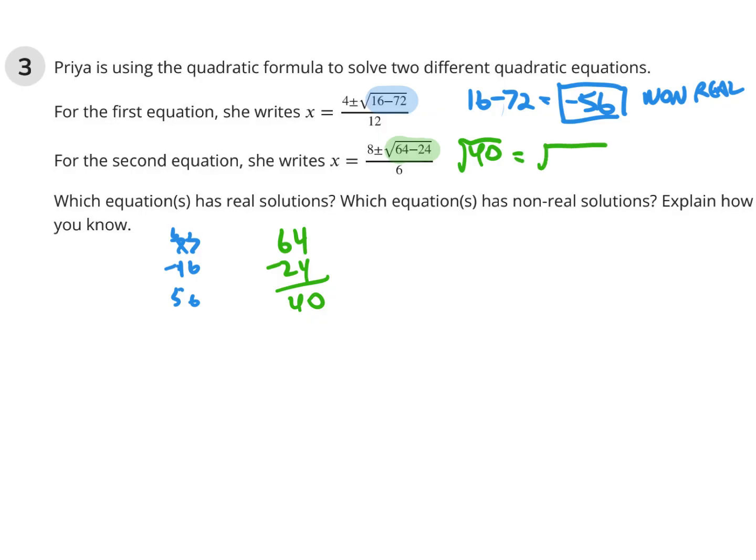I'm going to divide this into 4 times 10, which is equal to 2, because the square root of 4 is 2, which comes out, 2 root 10. This radical means I get a real solution, which is irrational. So when the discriminant is a positive number, you're going to get two real solutions.